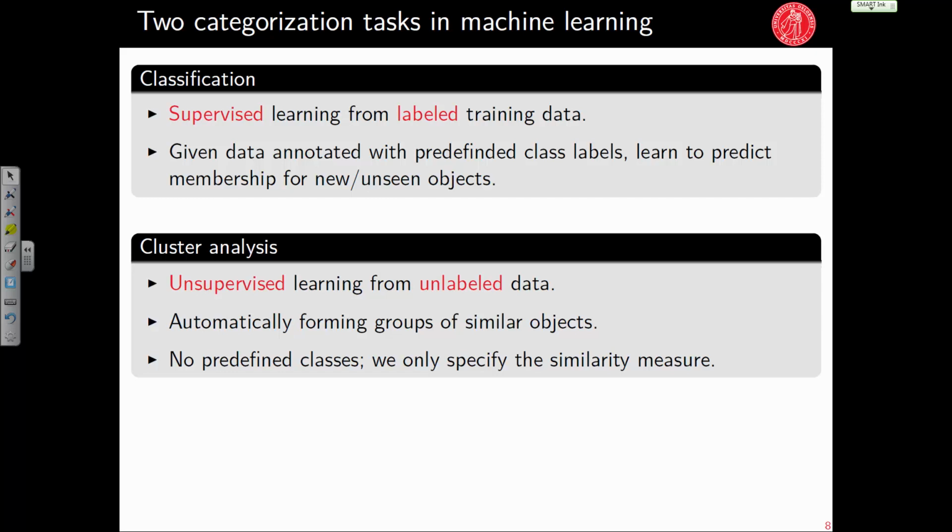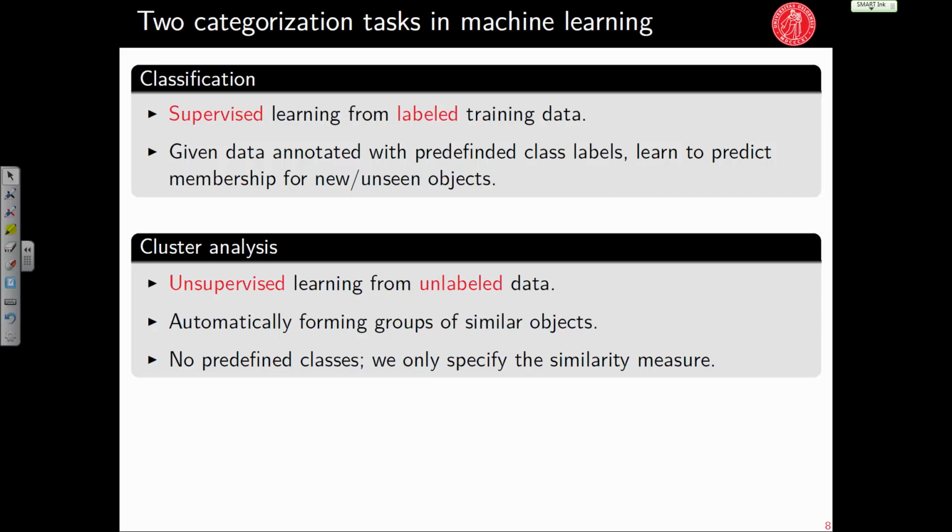In clustering, on the other hand, clustering is an instance of unsupervised learning, which means we don't have labeled data, so we start from unlabeled data, and our goal is to find an optimal formation or partitioning of the space. So this is automatically forming groups of similar objects.